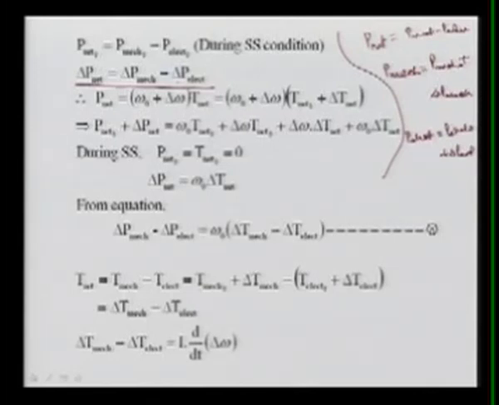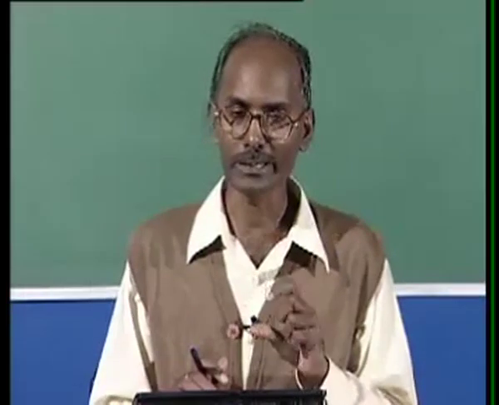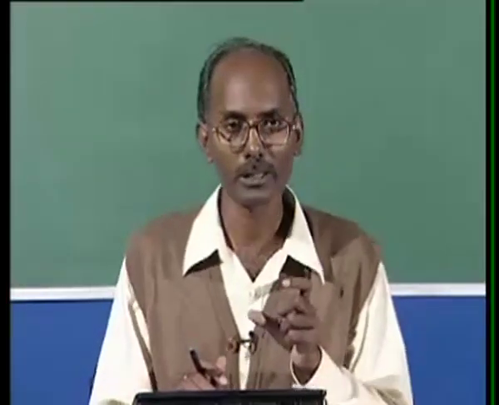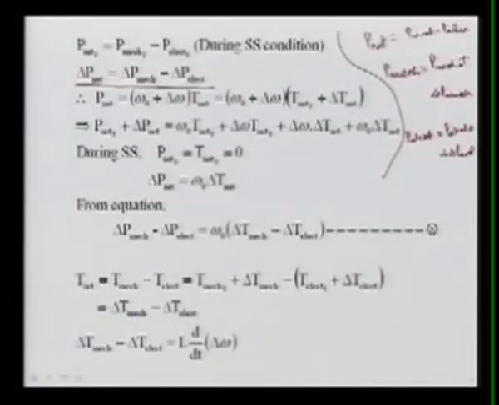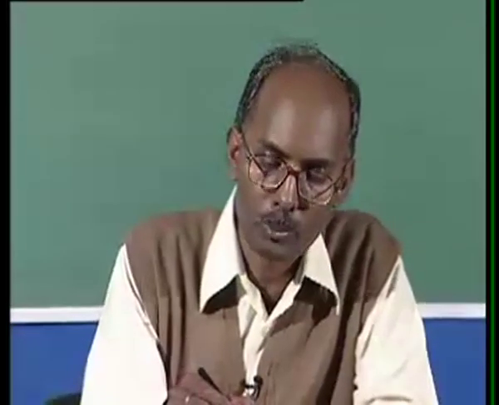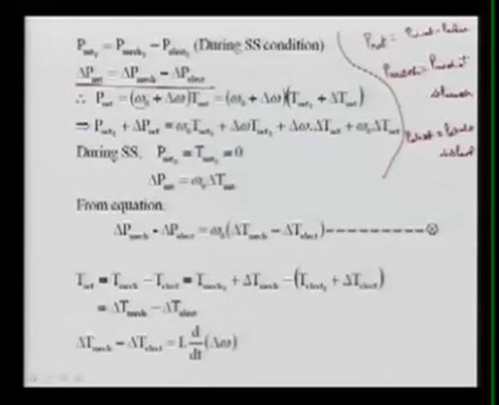Also, since we have a change in the T net, it means the oscillating power has changed, it is not 0, so the speed will change from omega naught. So omega naught plus change in speed will be multiplied by your T net, which is the difference between T mechanical minus T electrical.